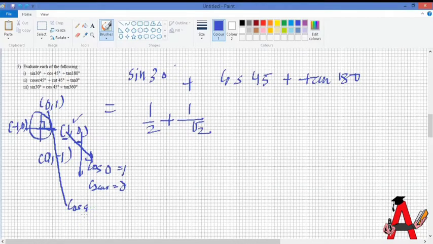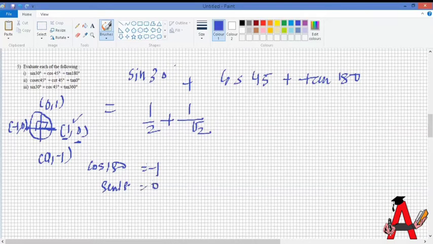In a similar way, we can find that 180 is at this point. So cos of 180 is minus 1 and sine of 180 is 0. Therefore, tan is sine upon cos, so tan of 180 will be 0 upon minus 1, which is 0.